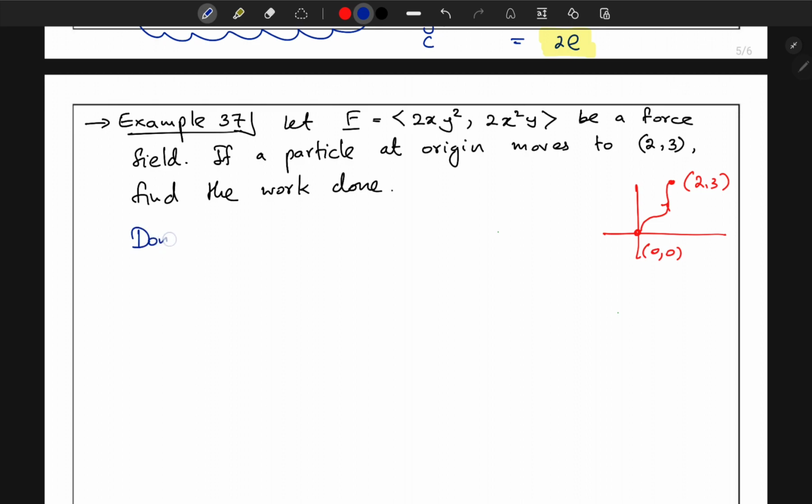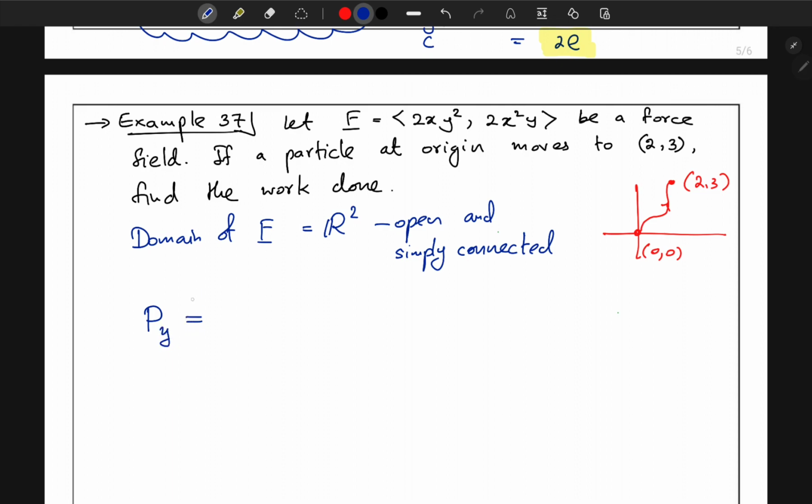The domain is R2 because they are nice polynomials, so no restrictions. So open and simply connected. So let's check the cross partial property.